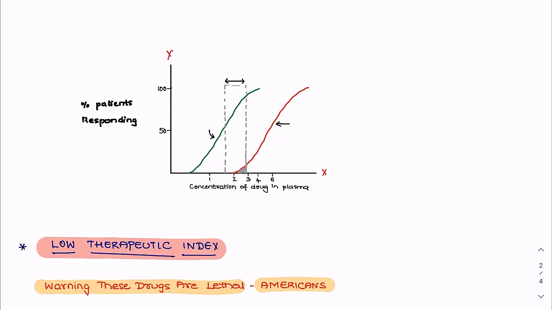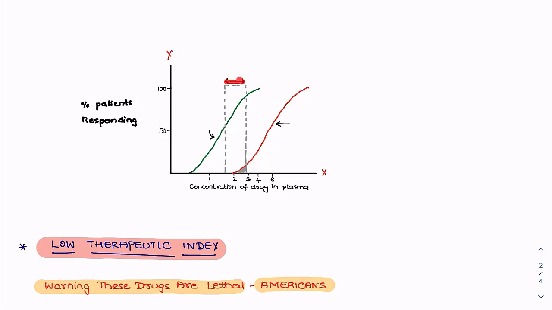This is the steady state plasma concentration range at which the patient will have maximum therapeutic benefit and minimum adverse effects. Within this range the patient experiences minimum adverse effects, whereas they get the maximum beneficial response, except for this area where the patient will have lesser side effects.